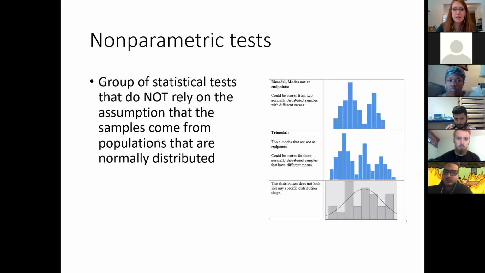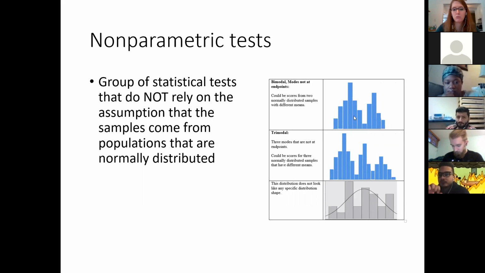But the idea behind this, and we'll get into it a little bit more, is not that it's not perfectly normal or something like that. This is to deal with populations that are truly not normally distributed, like bimodal or trimodal or uniform distributions. That's what these are meant to deal with. We'll talk more about something that's close to normally distributed and what we do with that at the end of the lecture.